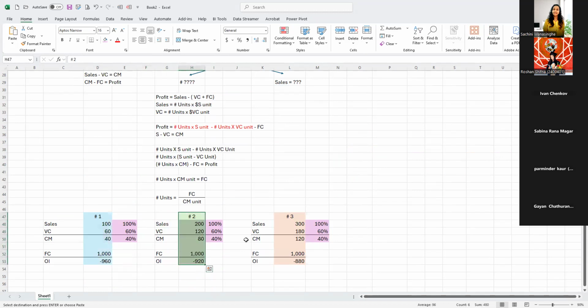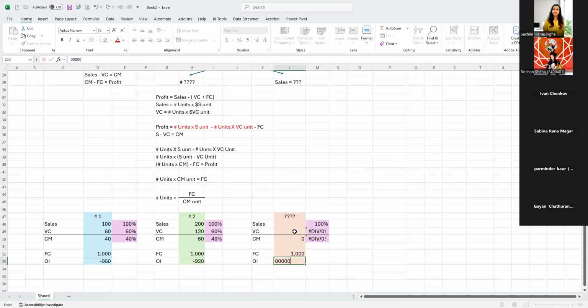If we sell 2 units, we're getting this one. Now the question is, how many units do I need to sell in order to bring this one to 0? I don't know how much this is. Let's delete this. I know that $1,000 is here. How much do I need to sell in order to bring this one to 0? That's my objective, by using only this formula.